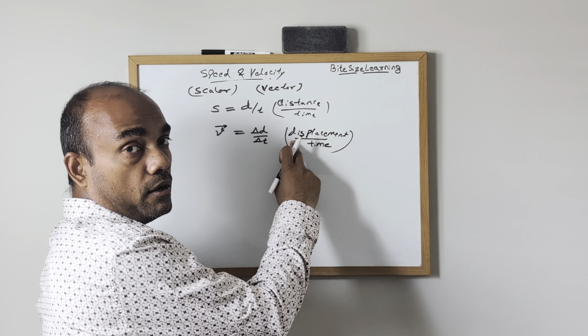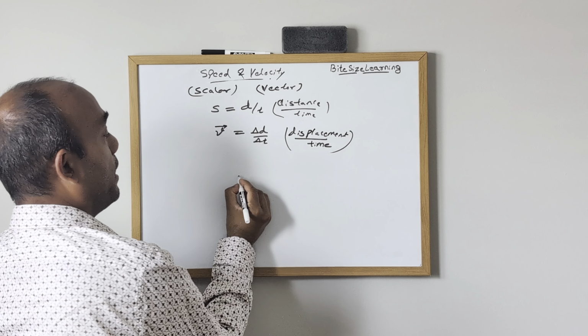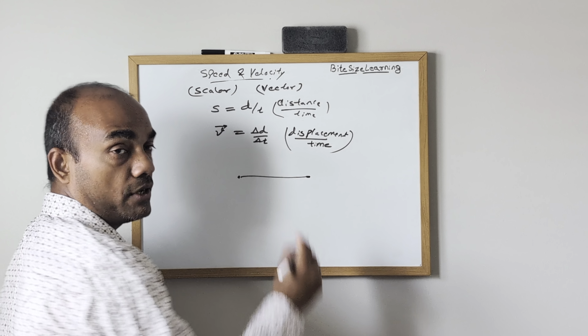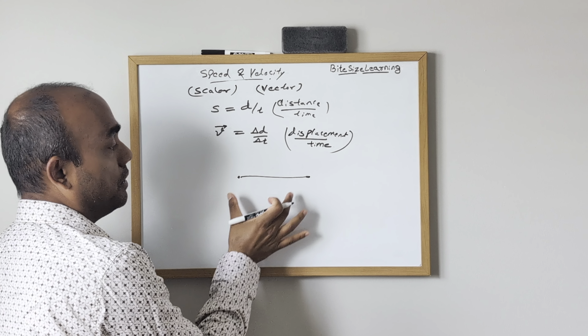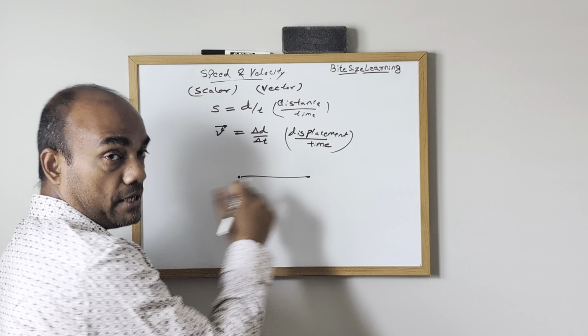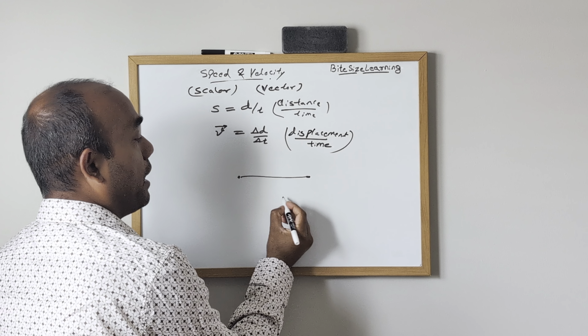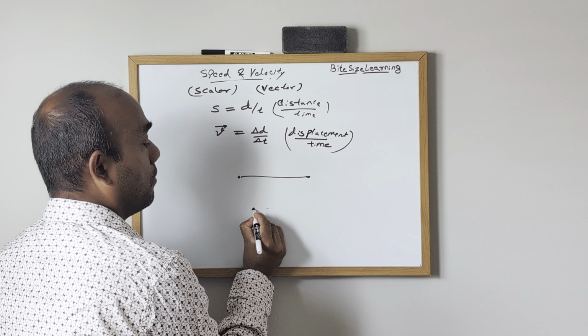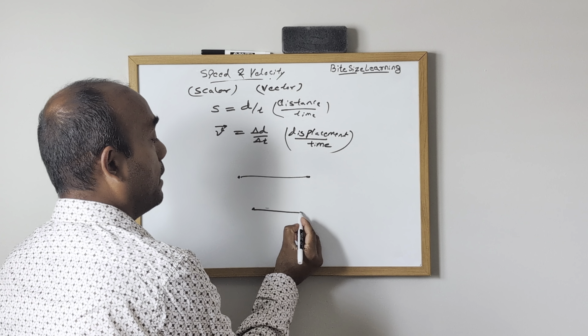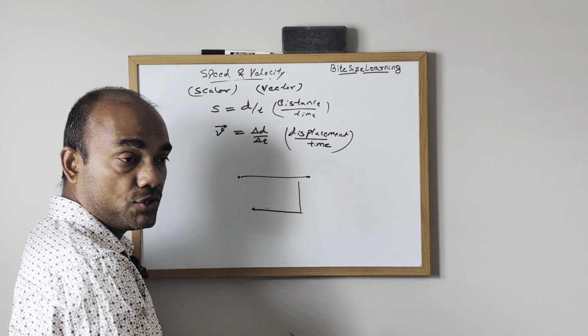So for now, understand that distance is when you have an item moving in any direction and reaches a point. The length that the item has covered is the distance. Now you have an initial position and one thing has moved in the east direction and then it has moved in the north direction.